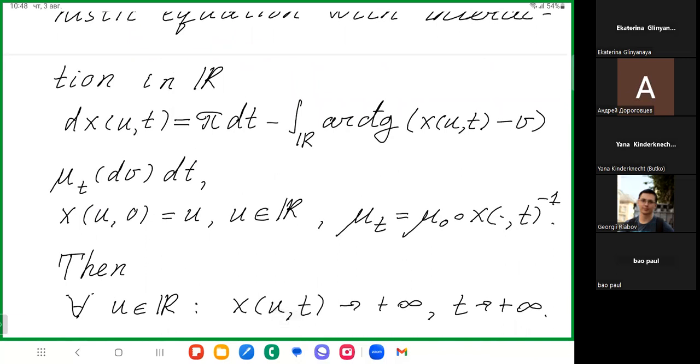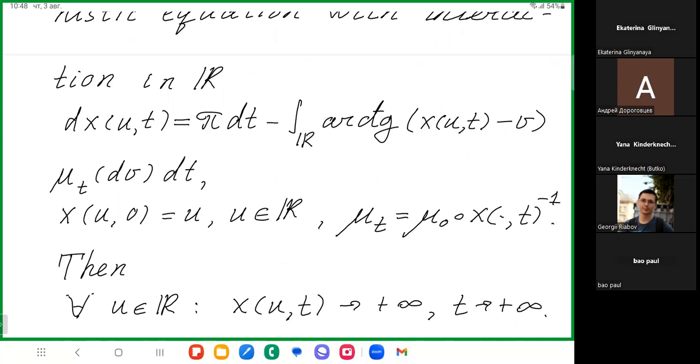Here you see dx_u(t) equals pi dt minus the integral of r, in this one-dimensional case, arctangent of x_u(t) minus v, mu_t dv dt. As usual, mu_t is an image of mu_0 under the mapping x.